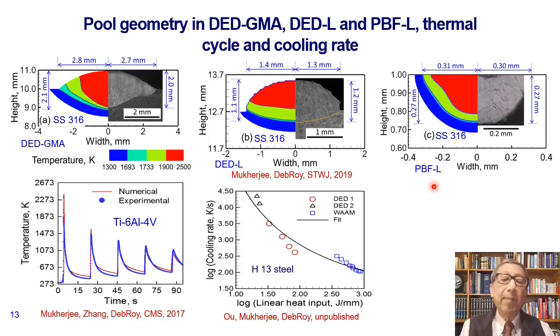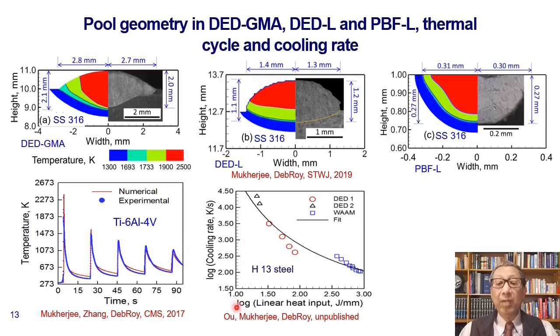Similarly, we sometimes implant a thermocouple and take the thermal cycles a little bit away from the fusion zone in most cases, and we see that for different thermal cycles representing different layers of deposition, the models, once they have been validated, are pretty reliable to calculate other parameters such as the cooling rate.